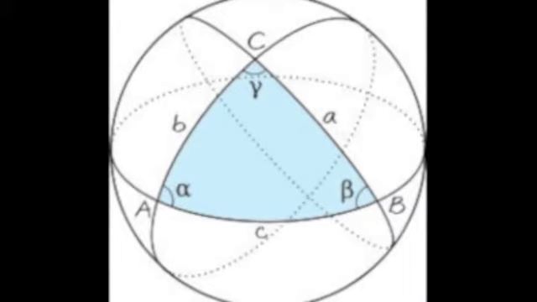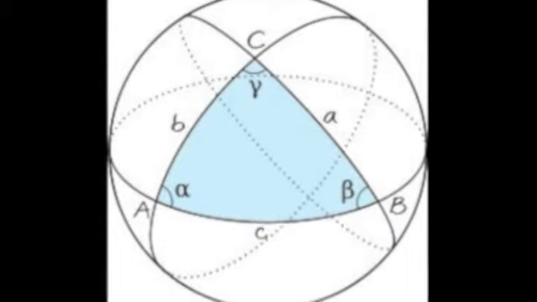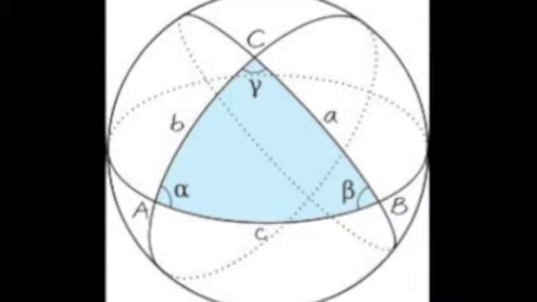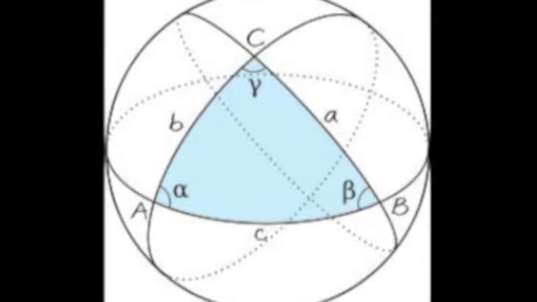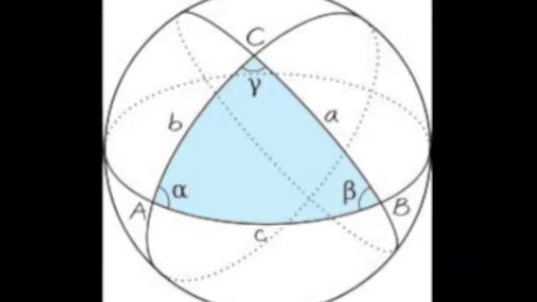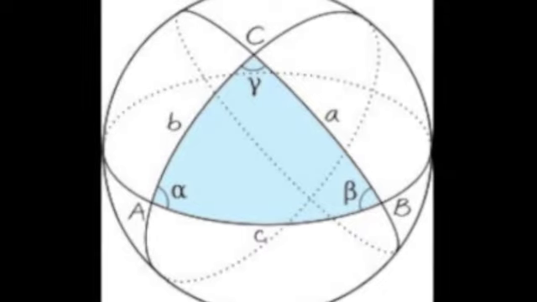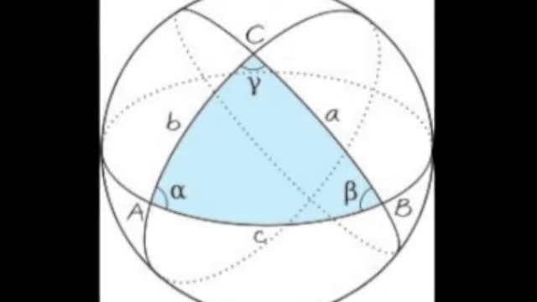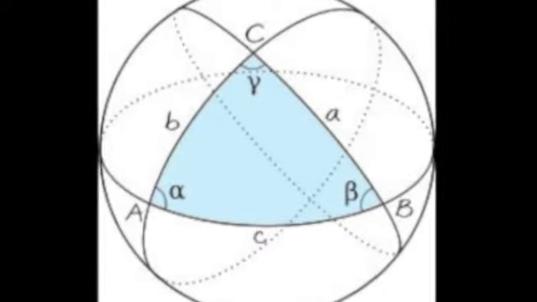The reason the sum of the triangle exceeds 180 degrees is because the angles have a natural curvature which makes their measure larger than a straight triangle.